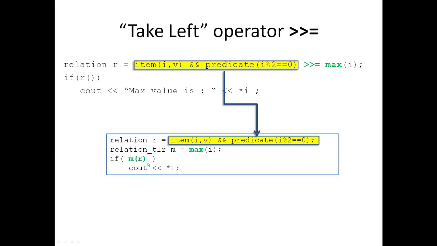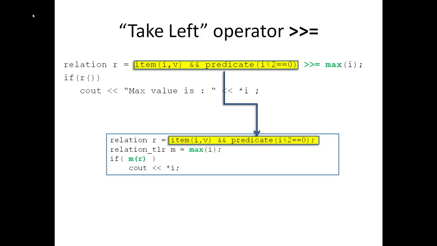So now max actually has access to both R and I. So it uses R internally to repeatedly trigger the evaluation on R so that it can observe the values generated by R in I. This allows max to have visibility on the complete set of results generated by R, and then once R has been exhausted, then it proceeds to use I to generate the largest value.